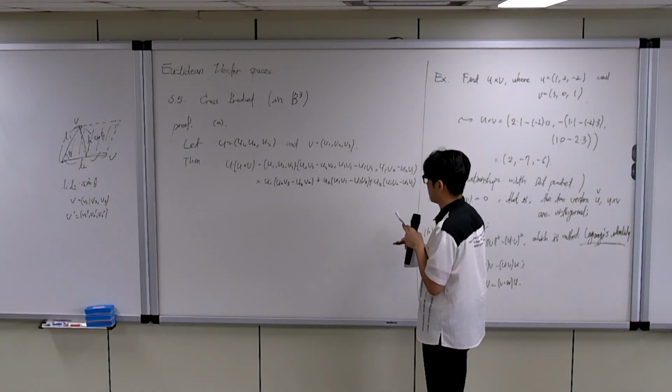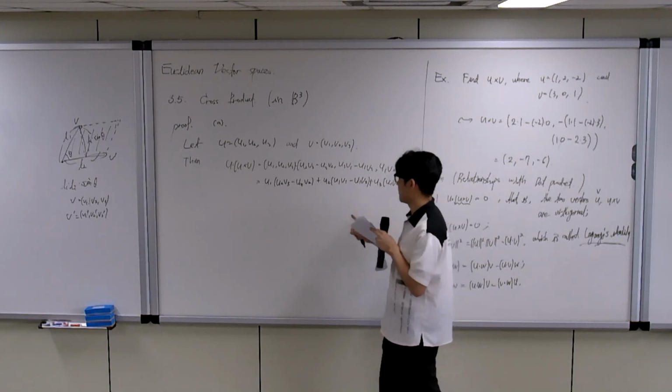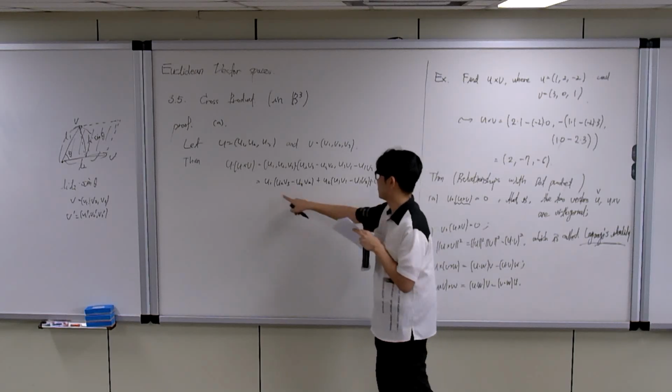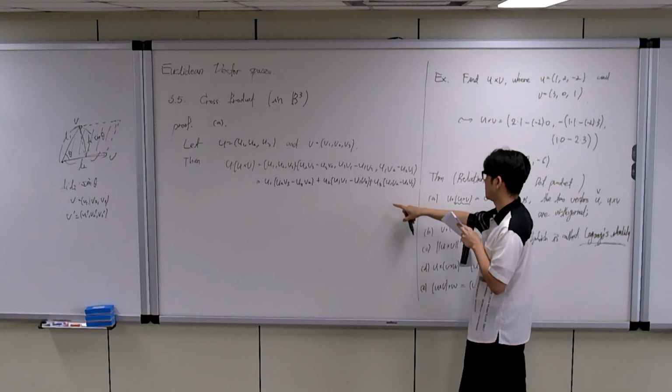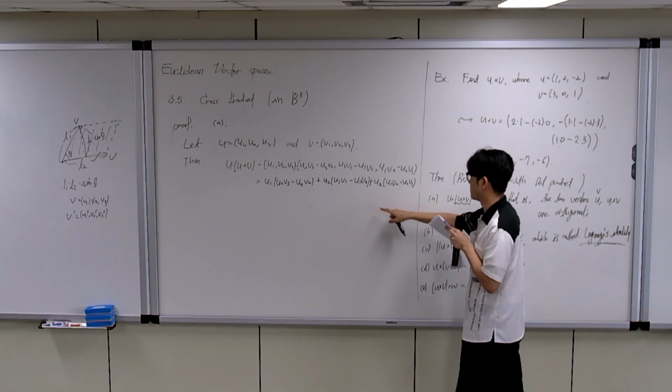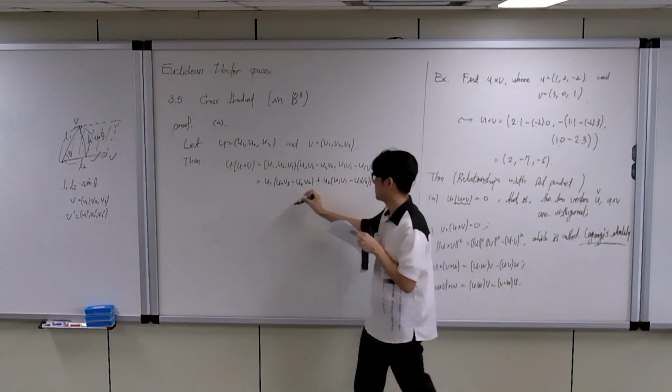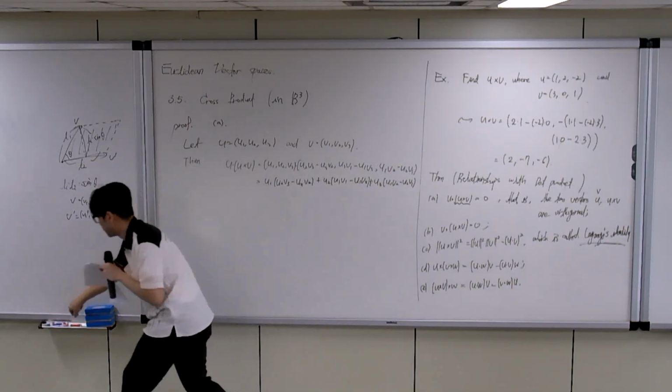Let me find the pairs. Maybe U1, U2, V3. Where is it? U1, U2, V3, so it will be cancelled.